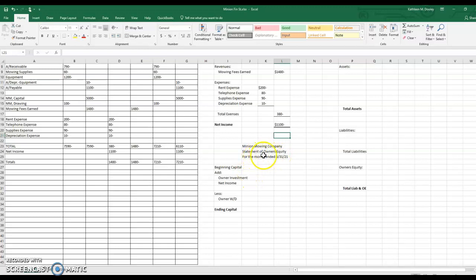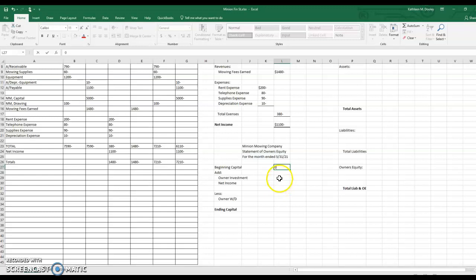All right, the statement of owner's equity. We start out with the beginning capital. Now, the beginning capital is the balance of the capital account at the very first day of this month. So on May 1st, what was the capital balance? Well, this is a new company, so the capital balance was 0.